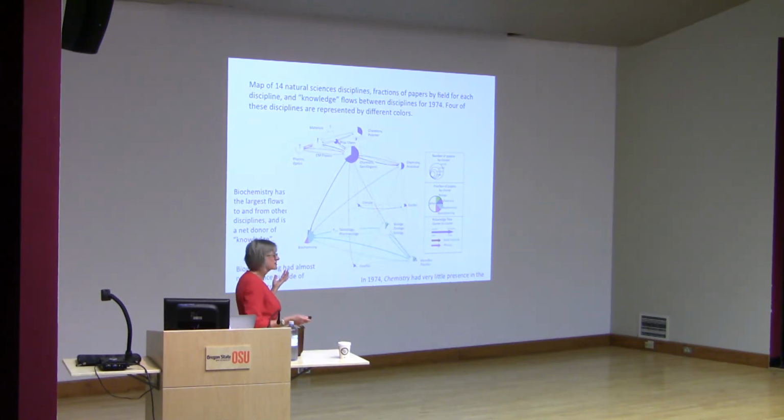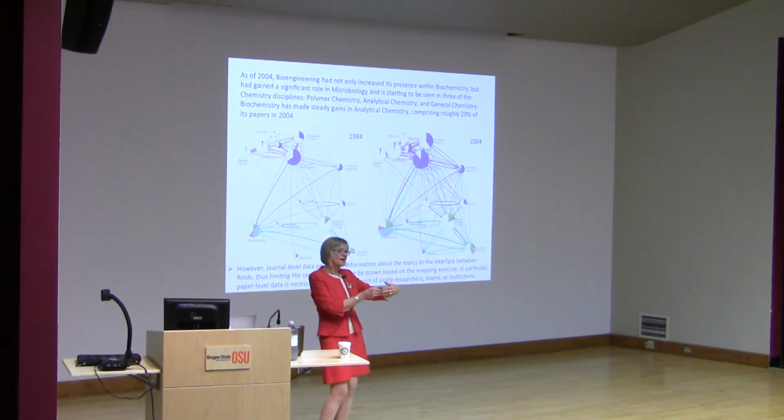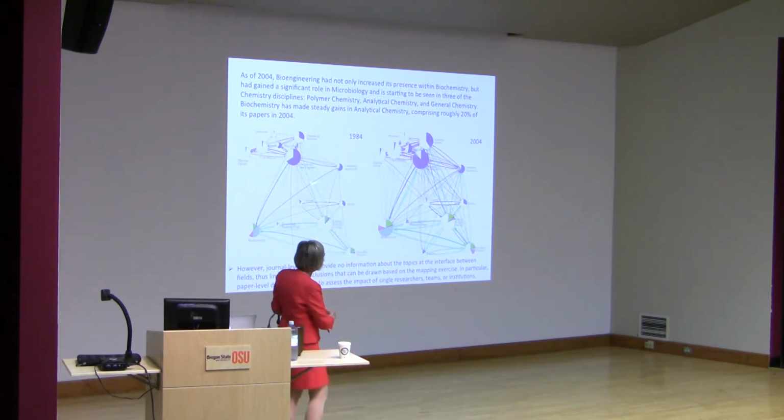And if you now fast forward 10 and 30 years to 1984 and 2004, you will notice that the role of bioengineering not only had increased in biochemistry, but it's also now in different other fields like microbiology. And so what you can do in that sense is see how interconnected certain fields are and how the influence of one of those areas, chemistry, radiates out into different scientific fields.